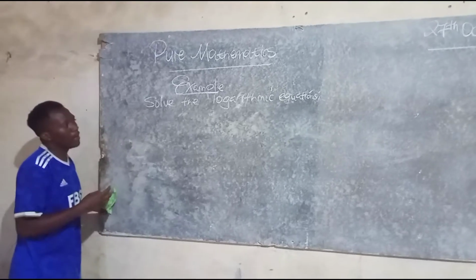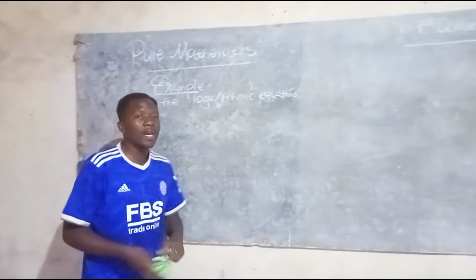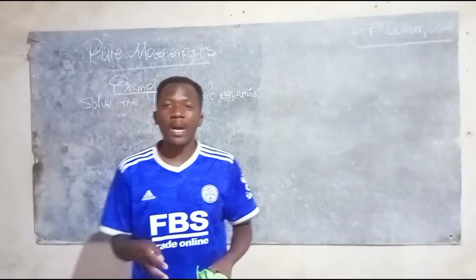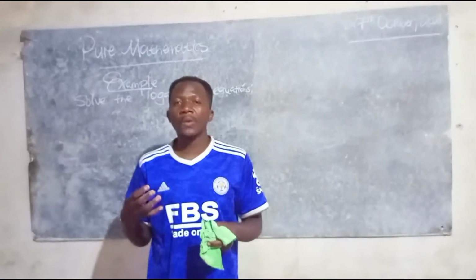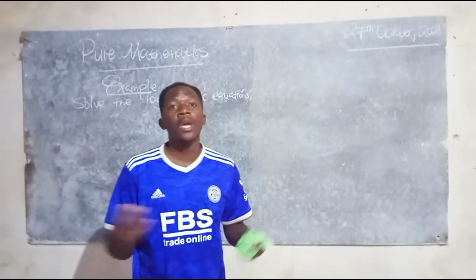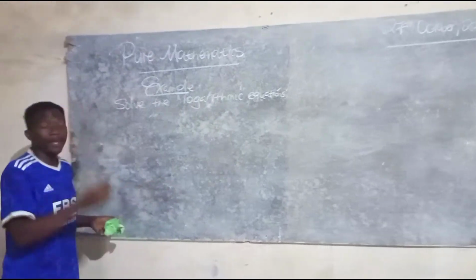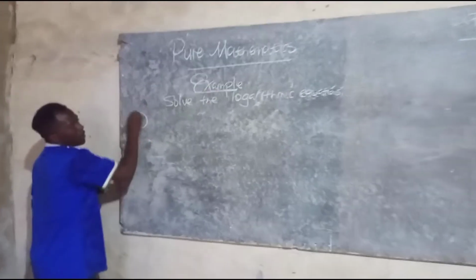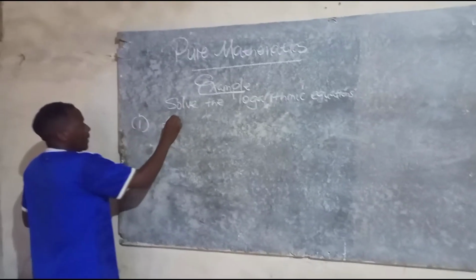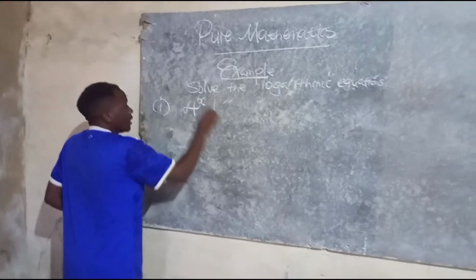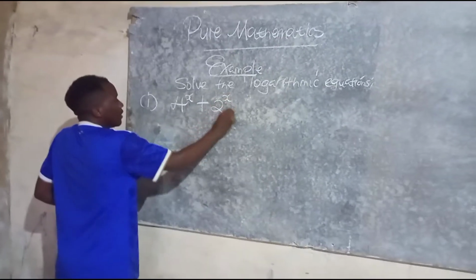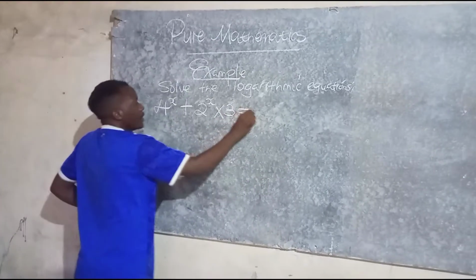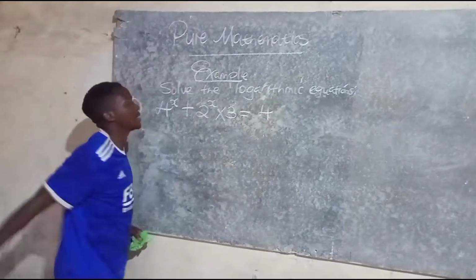But when we talk about logarithmic equations, there are types of equations where you cannot solve them using an index way of expression. So here we're going to say, let's say on Roman number 1, we have 4 to the power x plus 2 to the power x times 3, which is equal to 4.